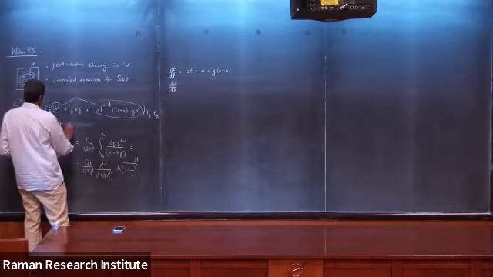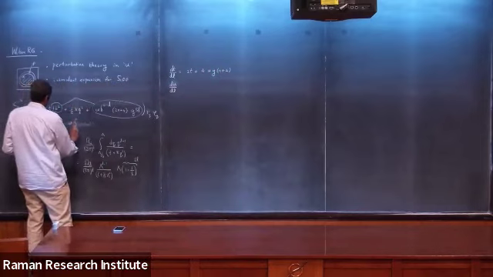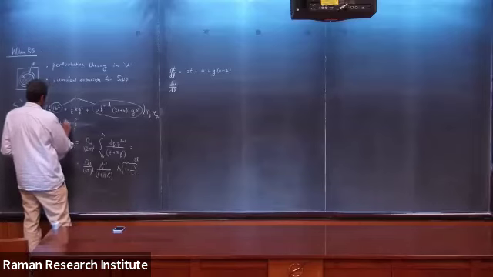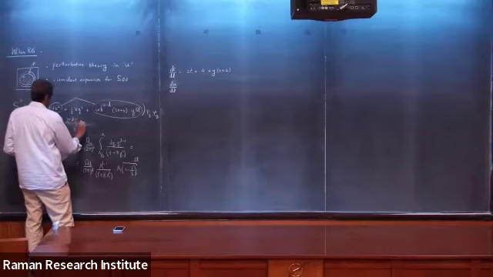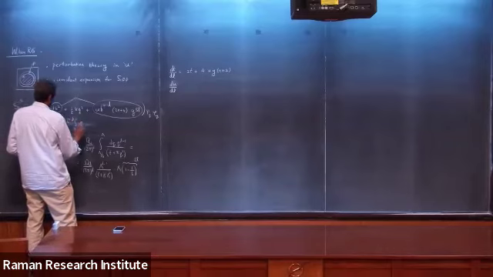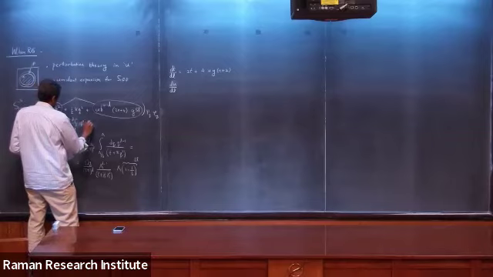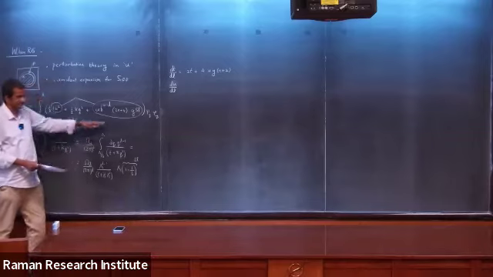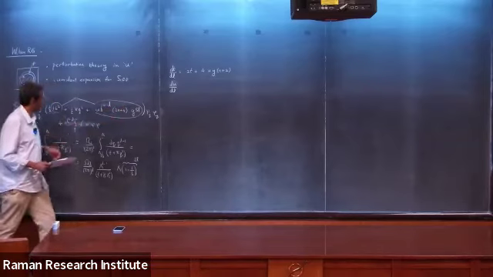So let me write out the integral over q. Let me just call it 5. It's after rescaling and all of that, so you're left with this quantity.